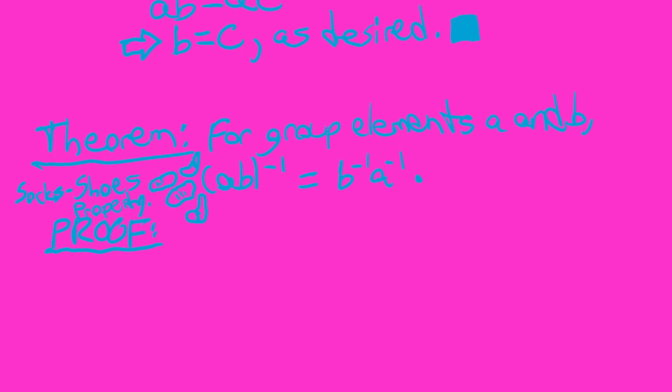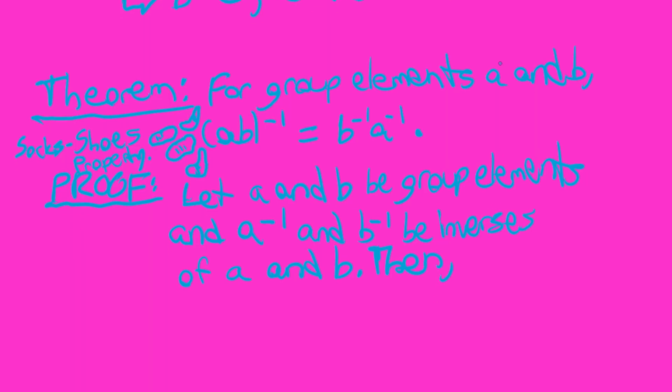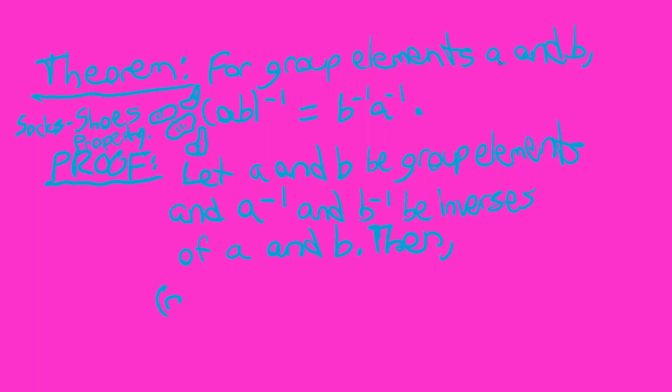All right, so the proof, we are going to let A and B be group elements, and A inverse and B inverse be inverses of A and B. So then we have AB, and then we'll have their inverses.